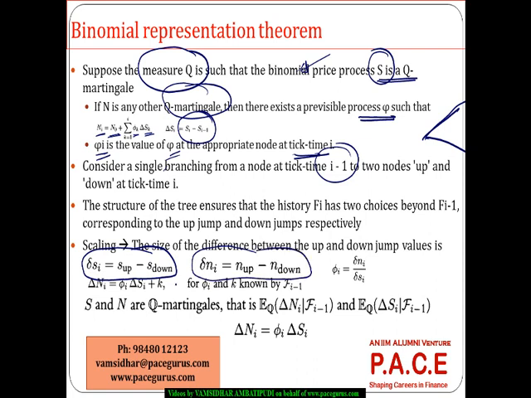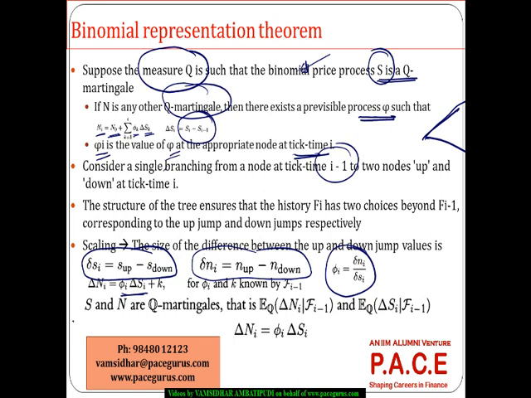I can look at the difference between some other process N, the difference between up and down. Based on that I am getting my phi_i as the ratio of these two differences. And that phi_i is what I would be using for predicting the changes in N_i from the next step onward, because that is the martingale concept that we are bringing in.